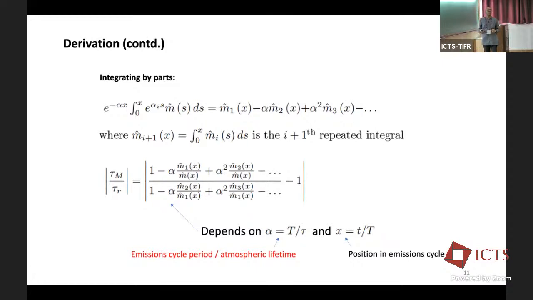So path independence typically occurs, right, in this model when something plays out very quickly in comparison to the atmospheric lifetime. But we also see that it depends on the position of the emission cycle, and typically this quantity goes up. It should be small for path independence, but it goes up as X increases.